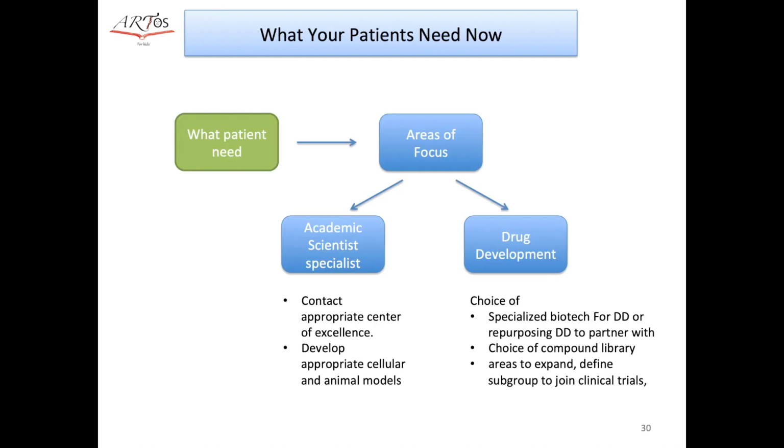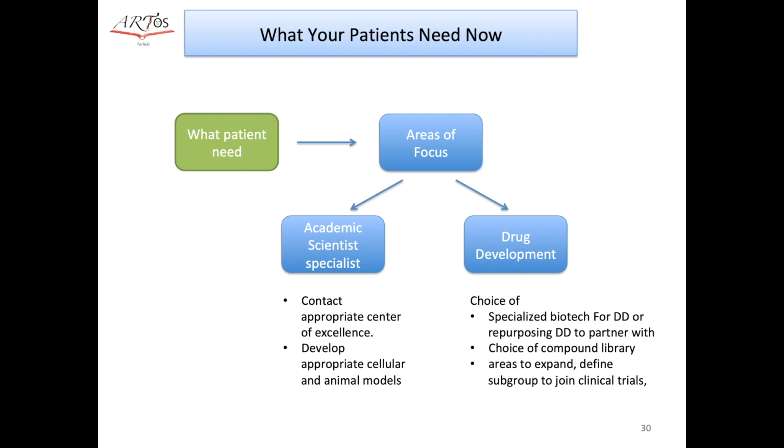There are additional benefits of establishing the patient needs. The area of focus will be defined easily. This will allow you to contact appropriate centers of excellence in areas that might not have been your priorities, and develop appropriate cellular and animal models.